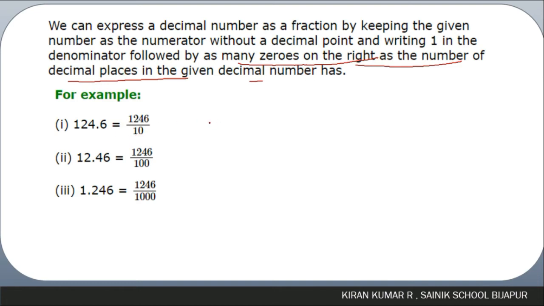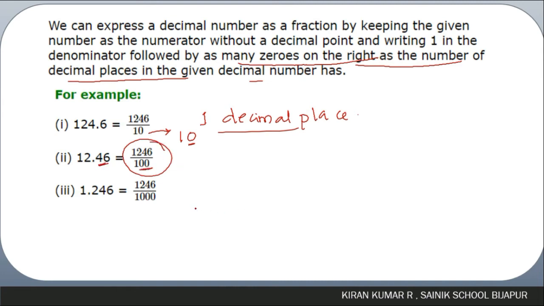Here there is one decimal place, therefore the denominator is 1 followed by one 0, that is 10. Here there are 2 decimal places, hence 2 zeros are considered along with the 1. Here there are 3 decimal places, so 1 is followed by 3 zeros. Here observe the numerator. The numerator is the given number without the decimal point.